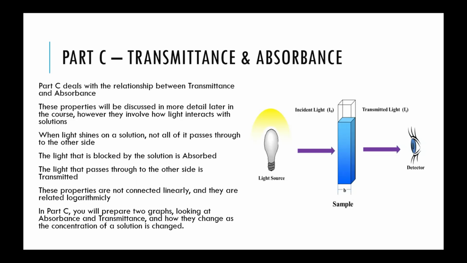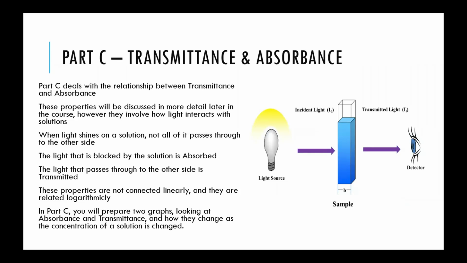So this is something that would be focused on a little bit later on in the course or even in Chem 2, but introducing you to the concept that when light is shining through a chemical, through a solution, some of it is going to be blocked by that chemical, and the rest is going to pass through to the other side for you to be able to see.